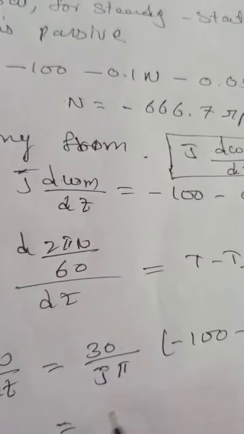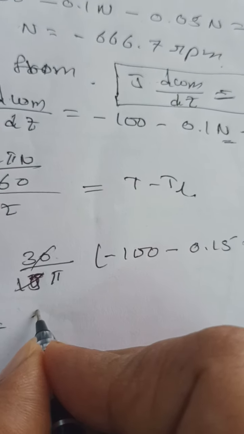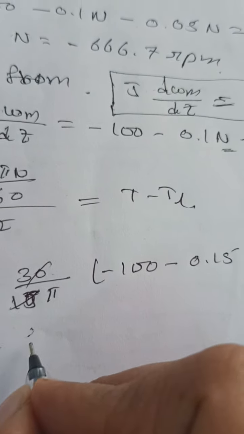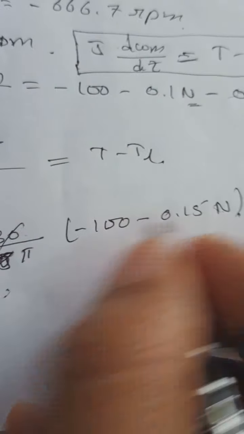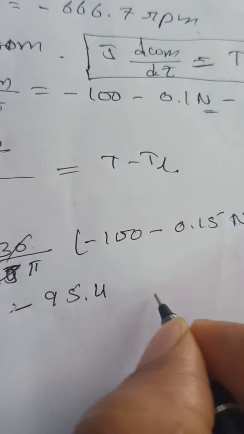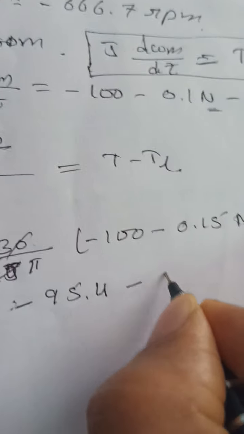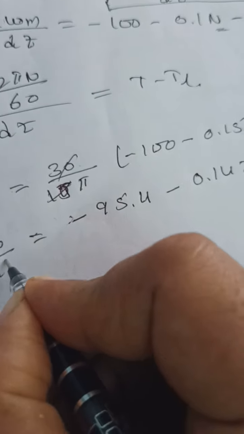If I solve this further, J is 10, so the 10 cancels and I get 3/π. The value of 3/π is 0.955, which I multiply with 100 to get -95.4 - 0.143n. So this is the dn/dt value.